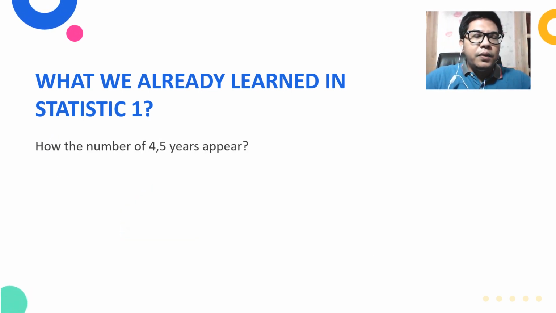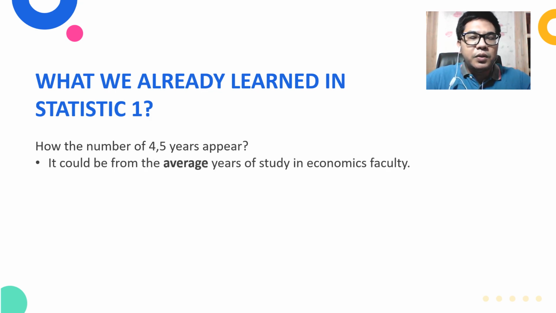Okay, how did the number come about? How did this 4.5 years come about? Maybe there are some possibilities. Number one, maybe when you attended the graduation you heard the folks say that on average the length of study in the economics faculty is 4.5 years.